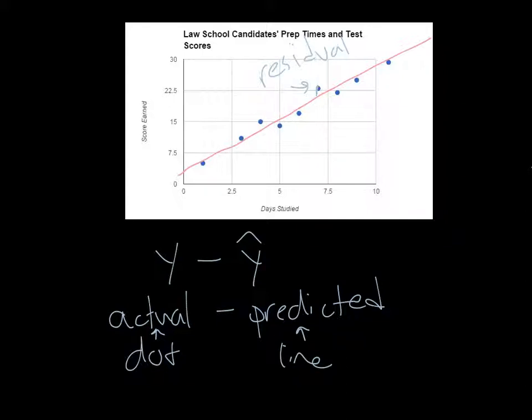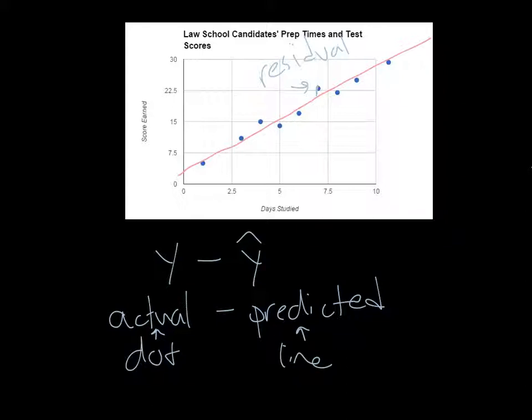Make sure you do the dot minus the line, and then you'll have it correct. And always look at your graph to make sure, if the dot's above the line, you're going to have a positive. If it's below, you're going to have a negative. So if it doesn't match, that means you probably switched these, which is very common. As long as you check with the graph to make sure it makes sense, you're going to be fine.